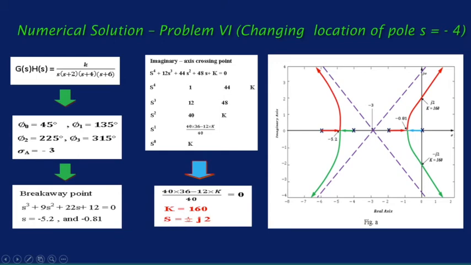Then we get s equal to plus or minus j2. That means if we change the location of the pole, then the value of gain K also changes. But this root locus crosses the imaginary axis, so for K greater than 160, the system is unstable.